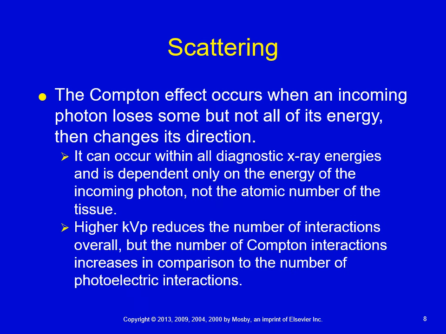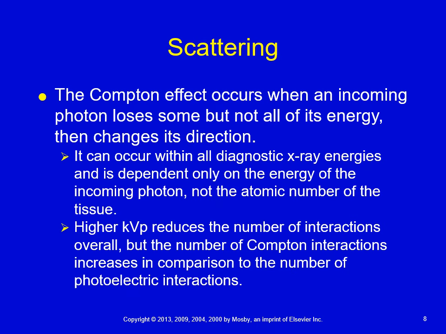Now, Compton can happen at all of the X-ray energies that we see in diagnostic imaging. So it really depends on the energy of that X-ray photon, meaning what you set on your control panel. With this one, we're not concerned about the type of body tissue that it's interacting with.